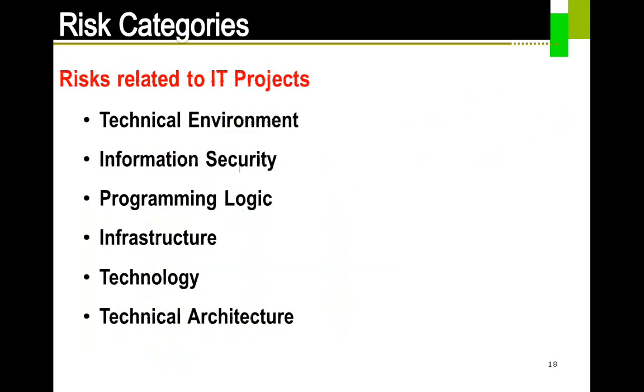Let me take you through the next slide. As there is a high probability that you are working in the IT industry, I tried to put some of the risks that I typically came across as part of IT projects. The first one is the technical environment. I'm sure you would agree that the technical environment in the IT industry is never going to be stable.